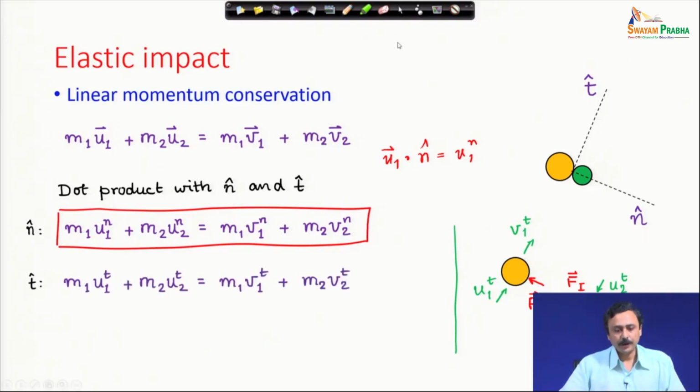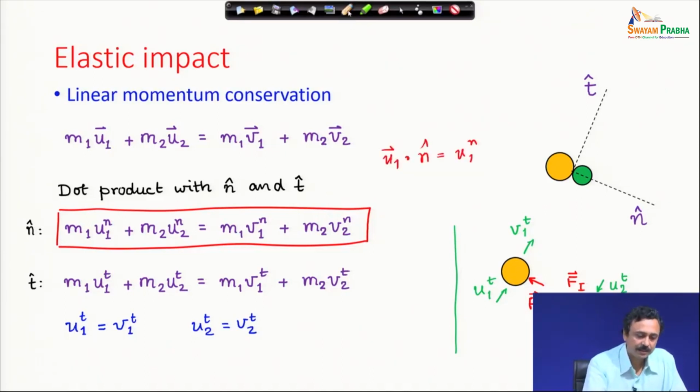If I take the dot product of that linear momentum conservation vector equation with the tangential direction t cap, then I get m1 u1 tangential plus m2 u2 tangential, the incoming linear momentum of the system in the tangential direction, is equal to m1 v1 tangential plus m2 v2 tangential. This is the outgoing linear momentum in the tangential direction. But just now we have seen that u1 in the tangential direction is equal to v1 in the tangential direction.